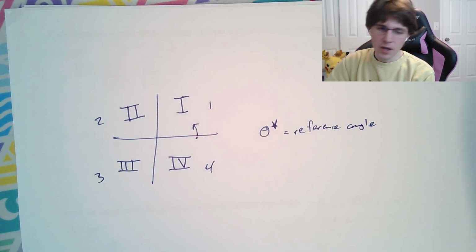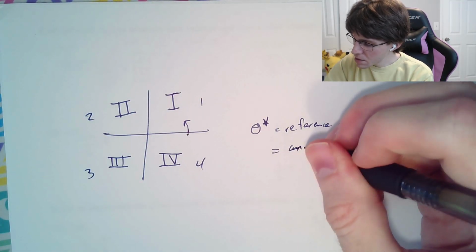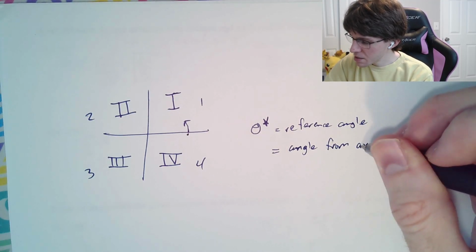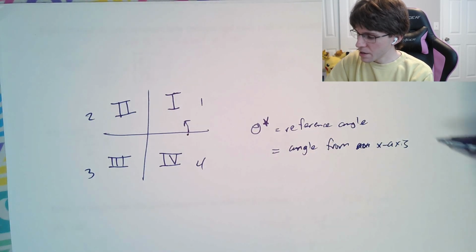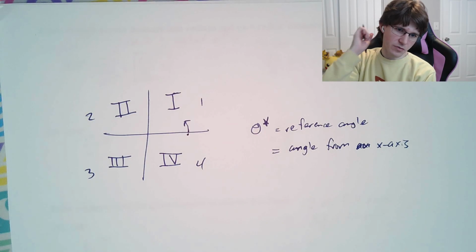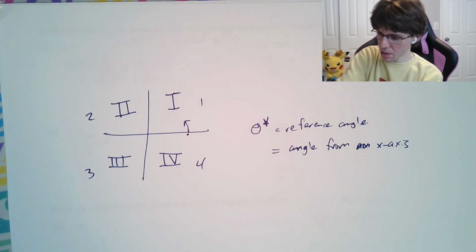The reference angle, I always call it theta star. You get it by finding the angle from the x-axis regardless of where you are. I'm going to make this pink, by the way.